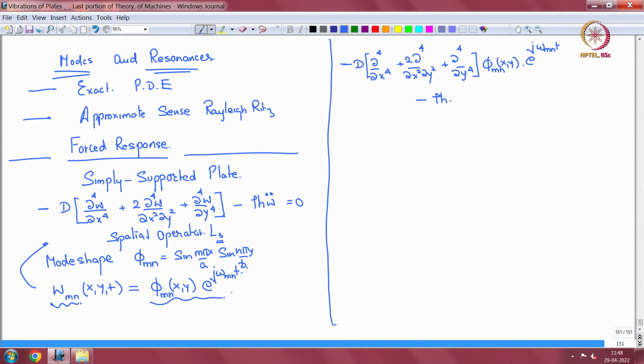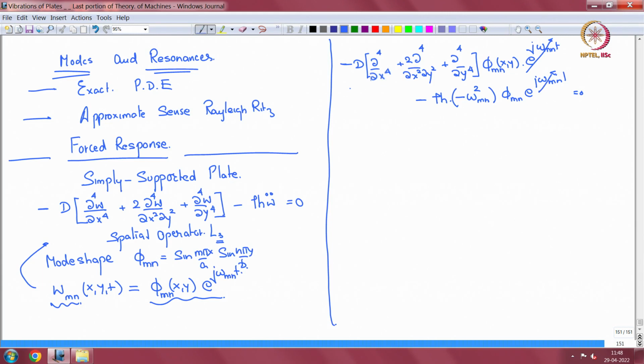The derivative is on the time term, so I get minus omega square mn phi mn e to the power of j omega mn t equal to 0. So I take this out.